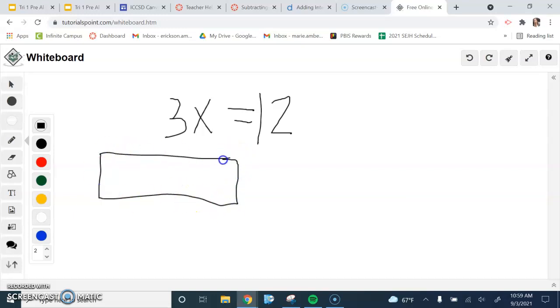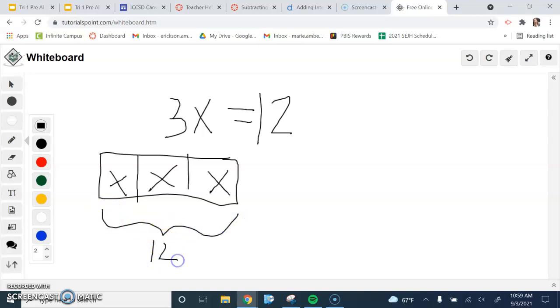So we start with our box. We're having 3 x's, so that means we are making 3 different boxes with an x in them. And this whole thing is worth the value of 12. If we were to split up 12 into each of these boxes equally, we need to think what would go in each box.